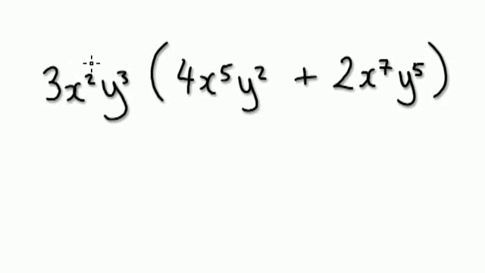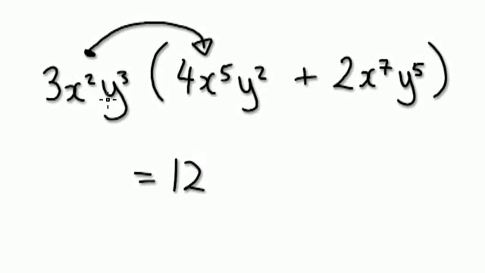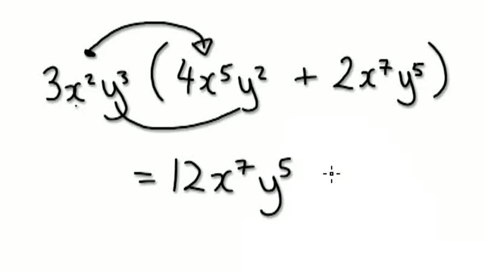You just get this times this. So basically 3 times 4 is 12, and then this x times with the x, so that becomes x to the power 7, and then the y with the y, that would be y to the power of 5.